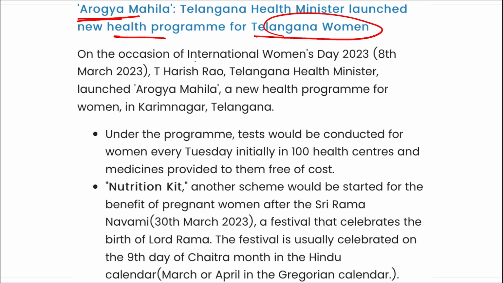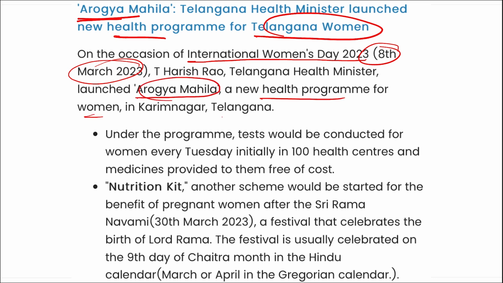It is Arogya Mahila. So on the occasion of International Women's Day on 8th of March, Telangana Health Minister launched Arogya Mahila, a new health program for women in Telangana. Under the program, tests would be conducted for women every Tuesday, initially in 100 health centers, and medicines will be provided to them free of cost.